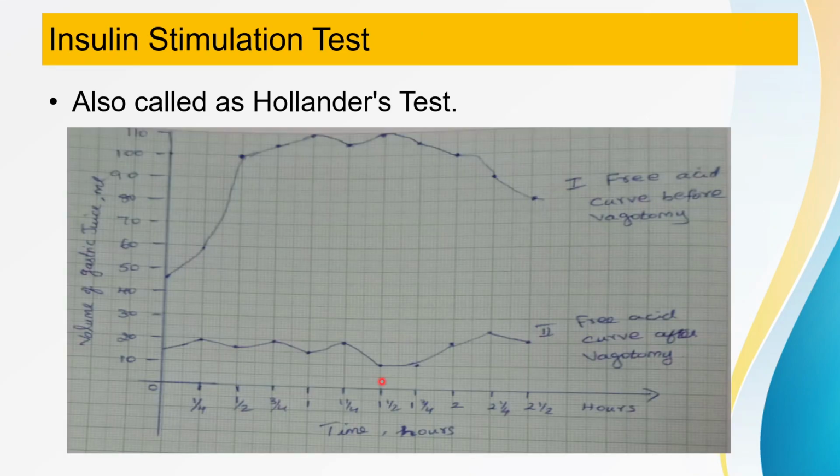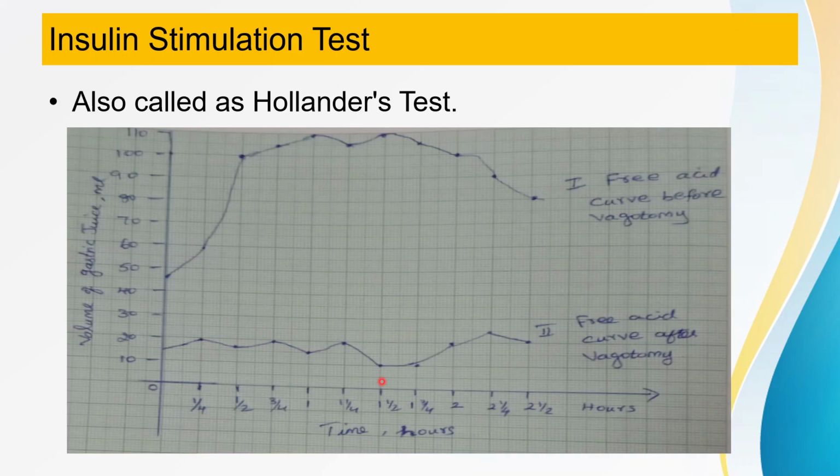Next is the insulin stimulation test. This is also called Hollander's test. Insulin is also a potent stimulant for gastric acid secretion. Insulin stimulates the secretion of gastric juice with low pepsin content. Insulin will cause hypoglycemia of 45 to 50 milligram percent.